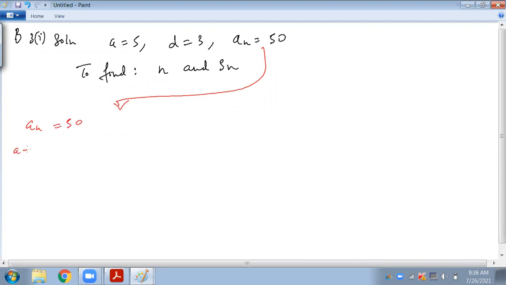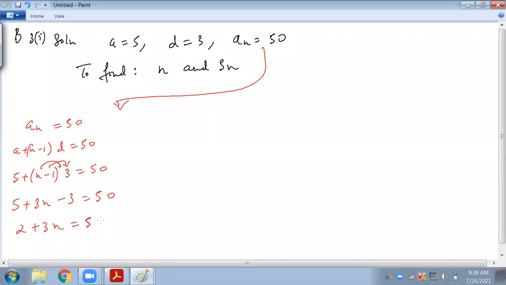Apply the formula a plus (n minus 1)d equal to 50. Put the values. a is how much? 5 plus (n minus 1), d is 3. Now remove the bracket. n into 3 is 3n. Minus 1 into 3 will be minus 3, equal to 50. Solve it. 5 minus 3 is 2. Plus 3n equal to 50.